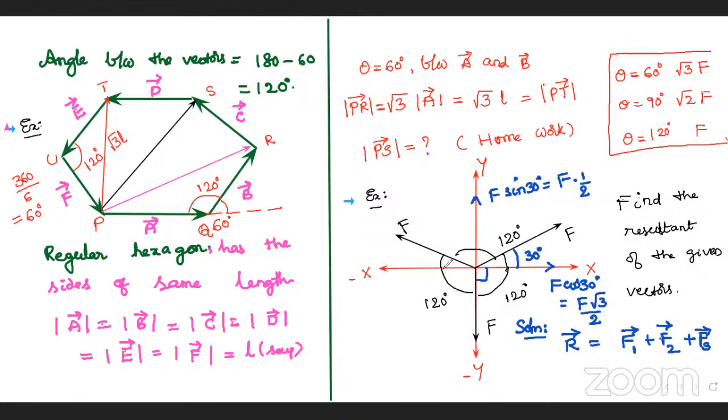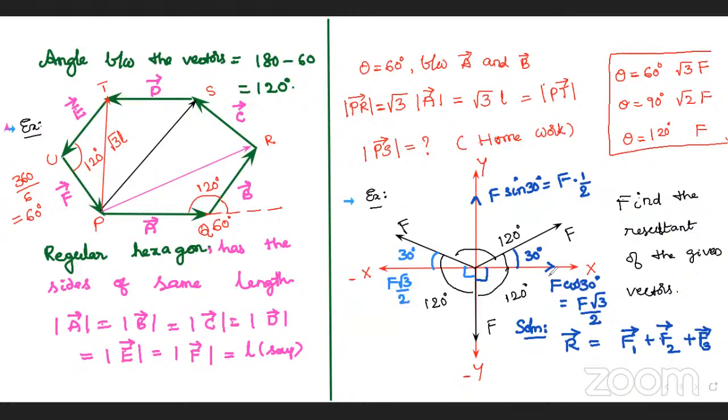Once again you check. Again, this is 90 degrees. Out of 120, it is 90, means the remaining angle again will be 30 degrees. If it is 30 degrees, again by resolving like this, you will get x component f root 3 upon 2.